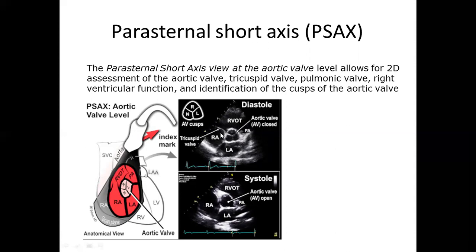So we can see the movement of tricuspid valve, we can understand how blood is moving from right atrium into the right ventricle right here. We can see pulmonary artery, we can understand the diameter of the pulmonary artery.